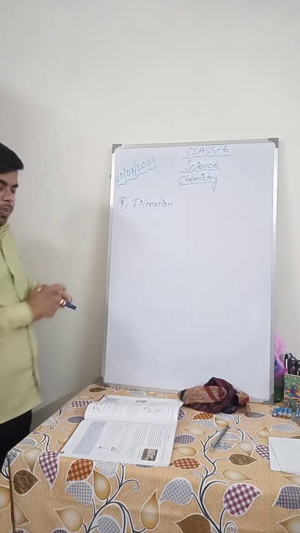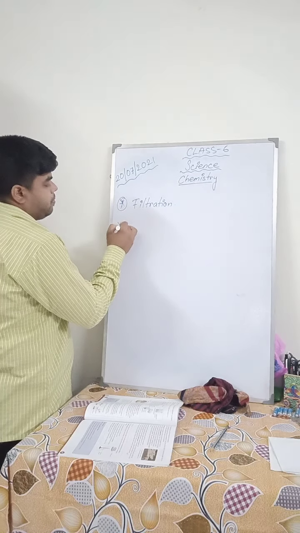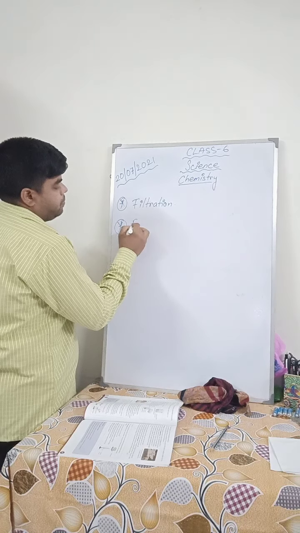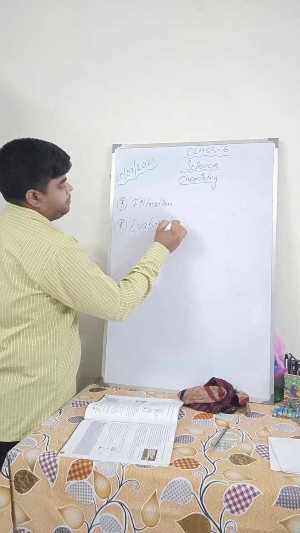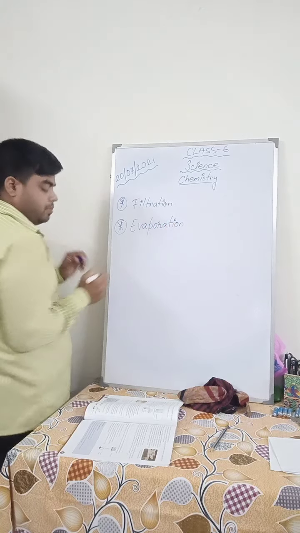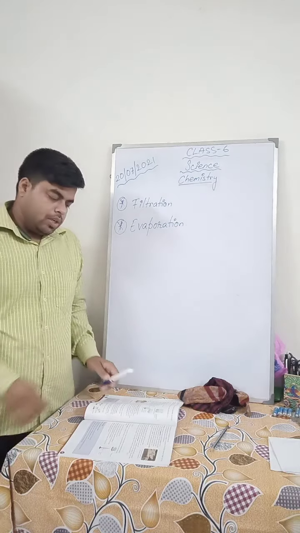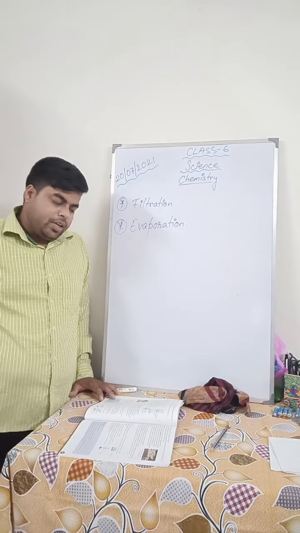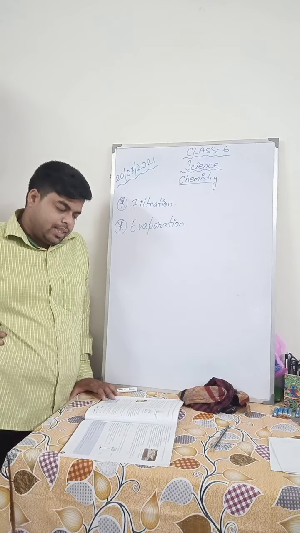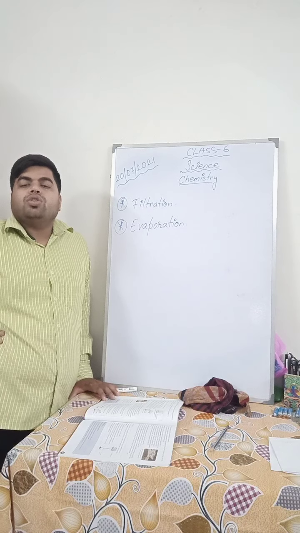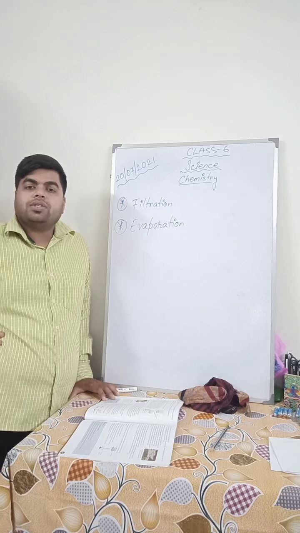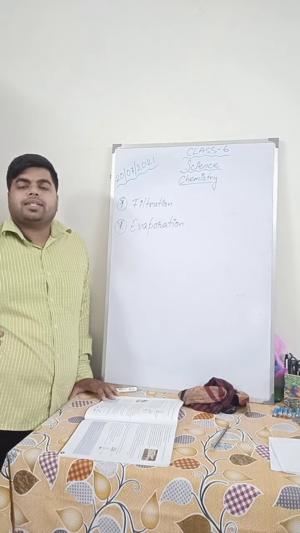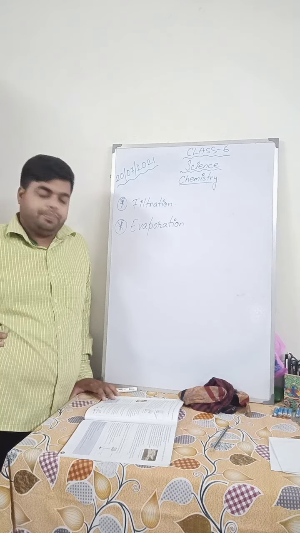Next is evaporation. The process in which a liquid changes into its gaseous state is called evaporation. So when you apply heat to a liquid and the liquid changes into gaseous state, that is known as evaporation.